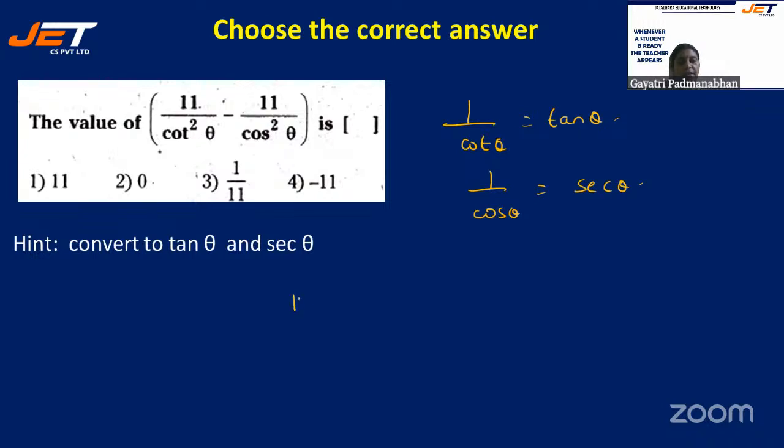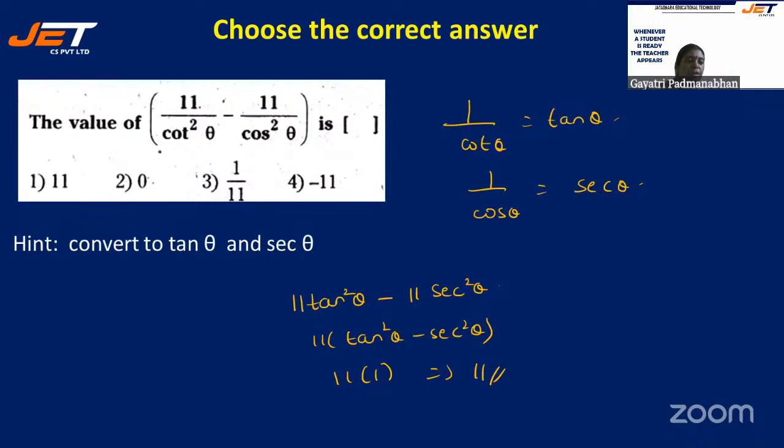So we have 11 into 1 by cot square theta, which is nothing but tan square theta, minus 11 into 1 by cos square theta, which is nothing but secant square theta. So when you take 11 out, it is tan square theta minus secant square theta. What is tan square theta minus secant square theta? It is 1. Therefore, your answer must be your first option, which is 1. Let's check.